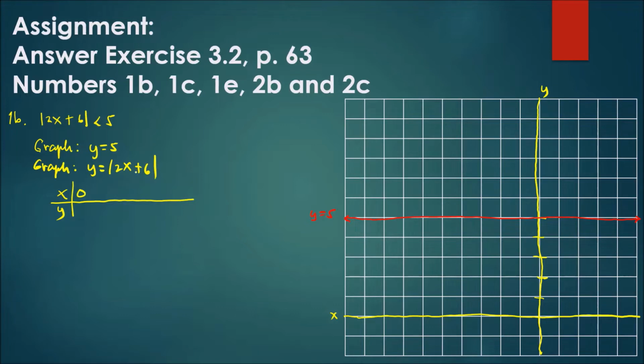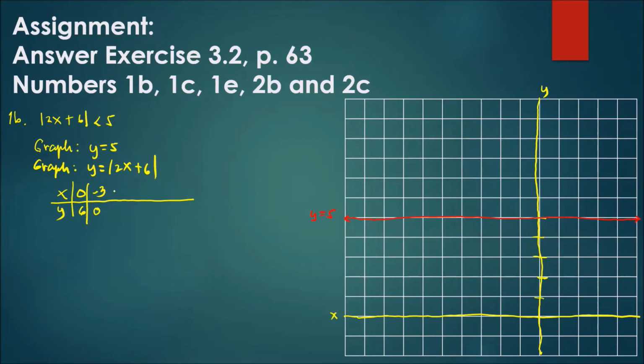If x is 0, y is equal to 6. Then we also get the x-intercept. To get the x-intercept, we plug in 0 for y. So if y is equal to 0, then x is negative 3.